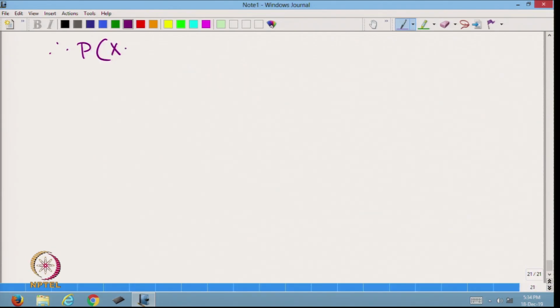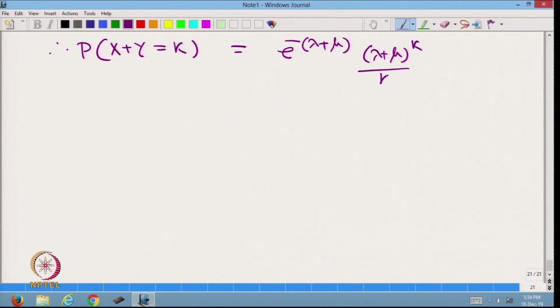probability x plus y is equal to k is nothing but e to the power minus lambda plus mu, to the power k upon factorial k. This is true for all k equal to 0, 1, 2 up to infinity.